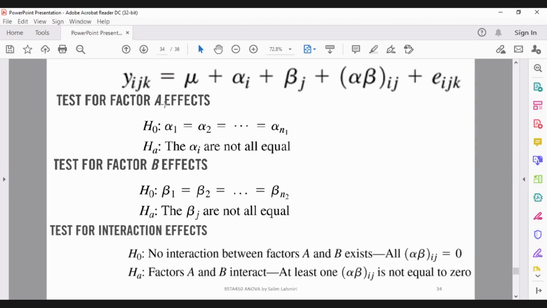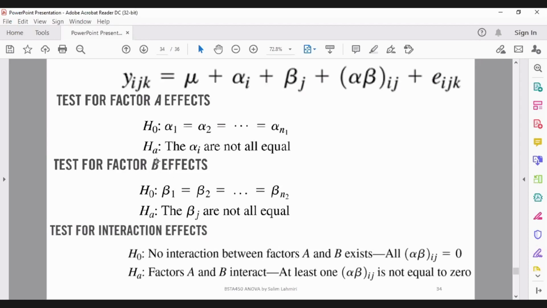Testing for factor A effects, the null hypothesis is that alpha 1 is equal to alpha 2 is equal to alpha 3 is equal to alpha n is equal to 0. Alternative 1, at least one of the alphas is different from 0. Testing for factor B, for example, let's say A is the price level and B is the advertising level.